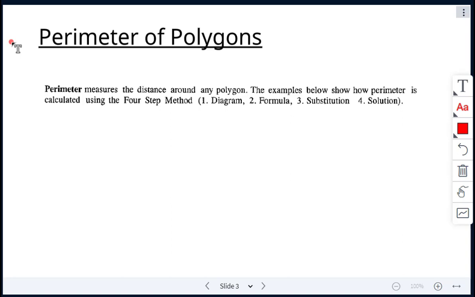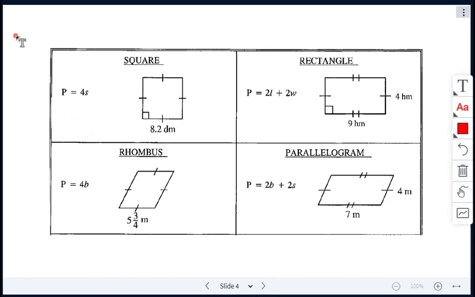Perimeter measures the distance around any polygon. We're going to use the 4-step method where there's a diagram, formula, substitution, and then the solution. We'll start with the square.